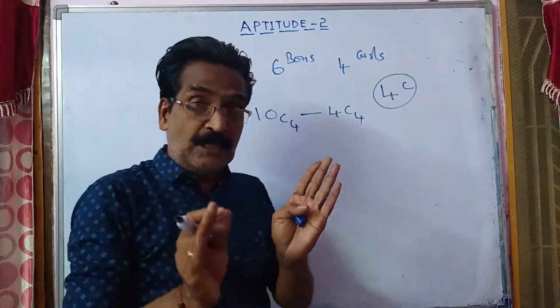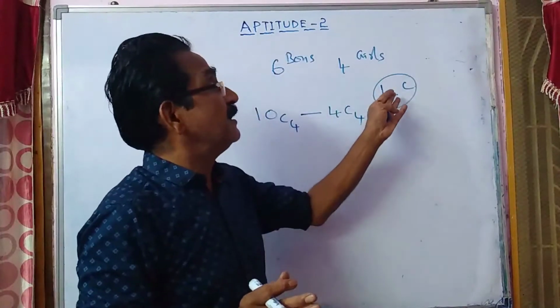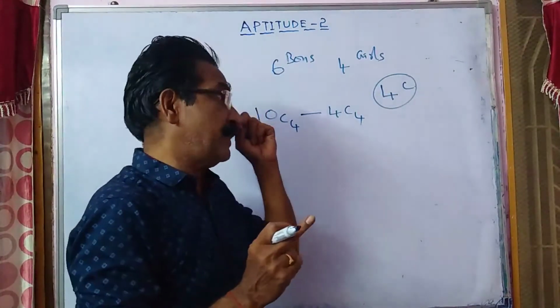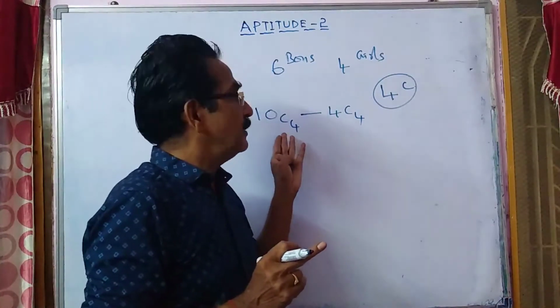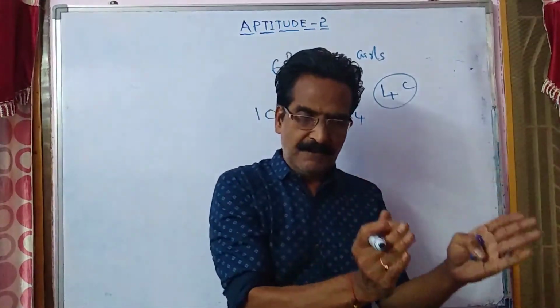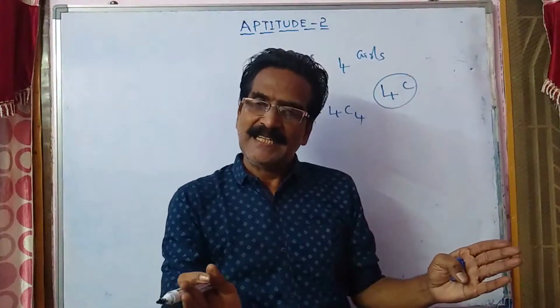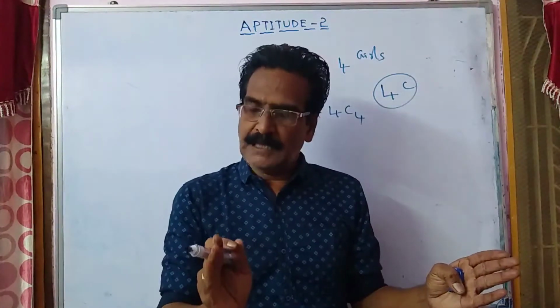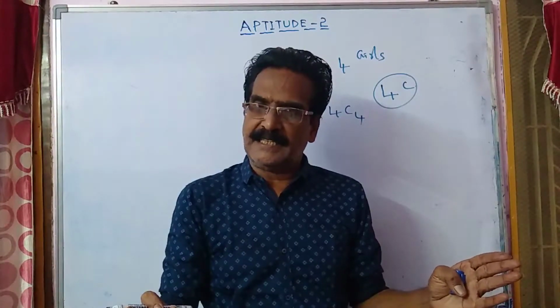So this is the total number of ways of selecting the 4 children. At least one boy means the total number of ways of selecting minus the number of ways that all girls are selected.